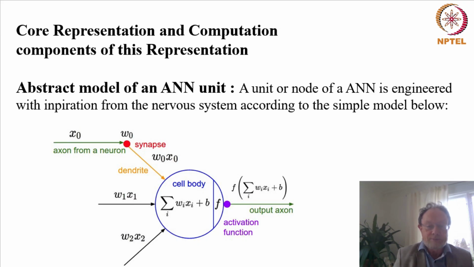Then the cell body is also attributed with a threshold. The negation of that threshold is sometimes called a bias.